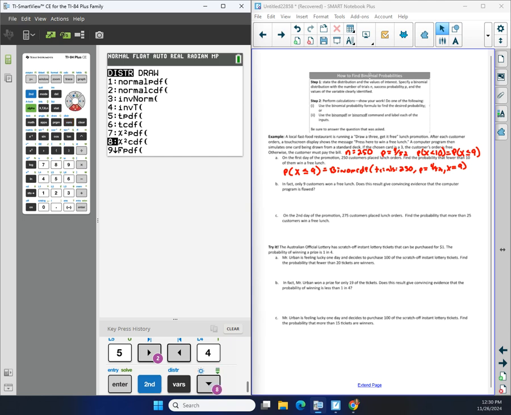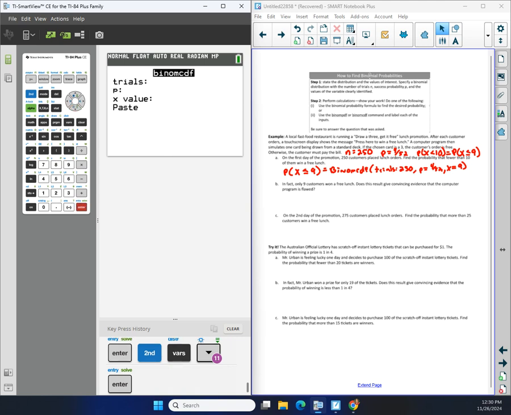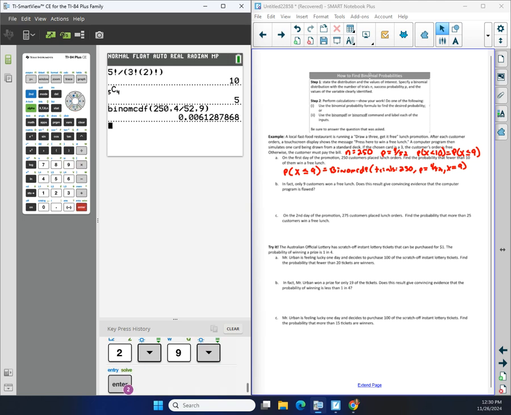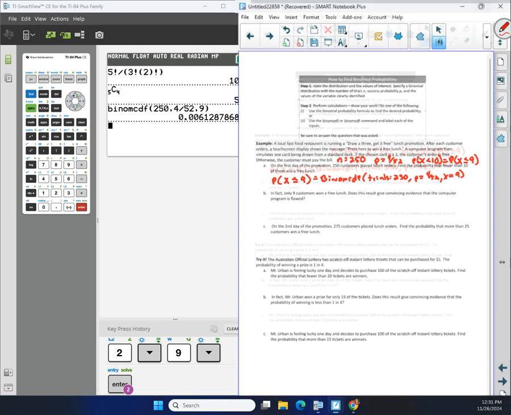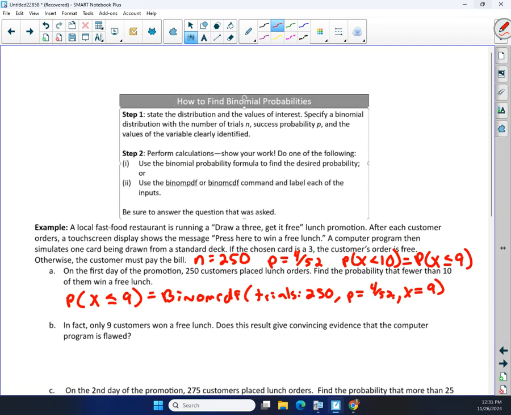It's way down there. Mine's B, I believe. Yours might be different, but I want binomCDF. Now if you have the newer version, it prompts you. 250 trials, 4 out of 52, and I want up to 9. It will add those all together for me. It will take the probability of 0 through 9 and add them together. And you get 0.00613.